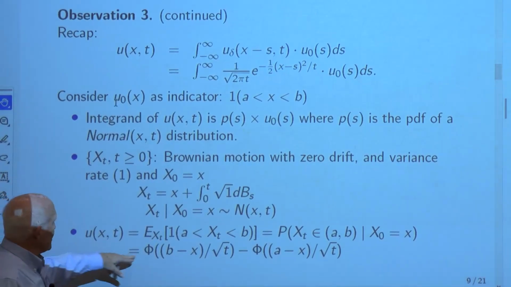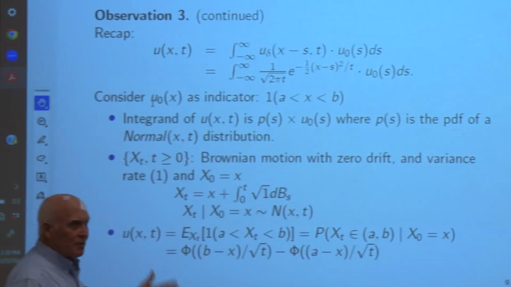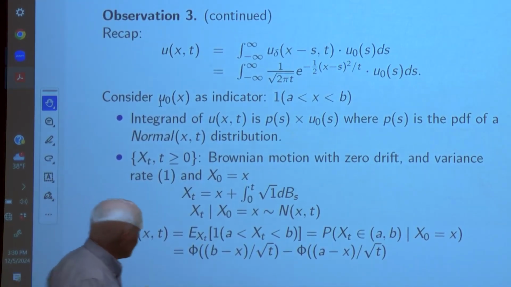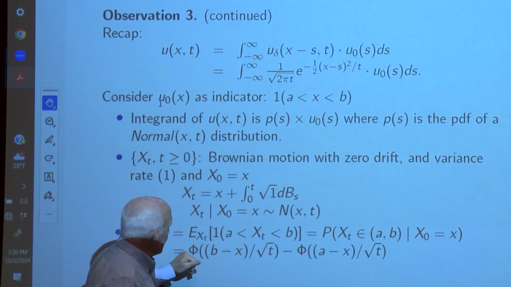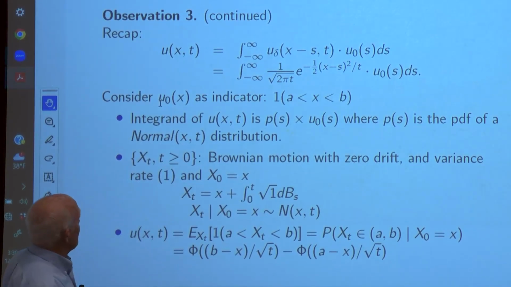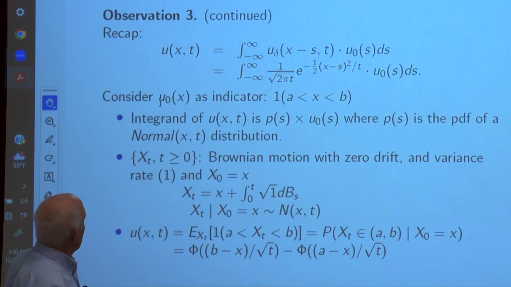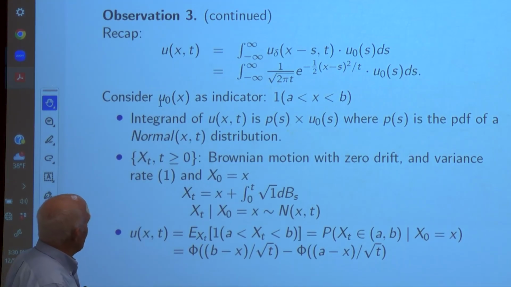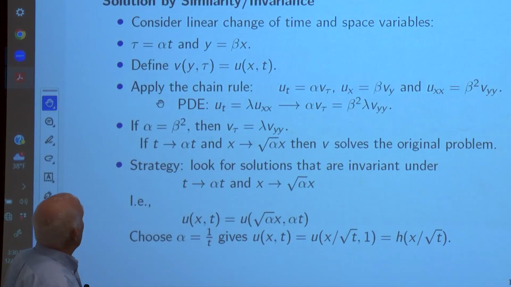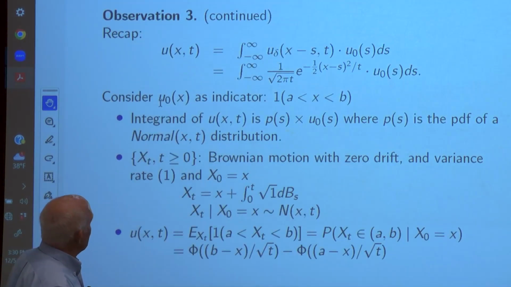So this u of xt, which is the difference of two functions of Gaussian densities, integrals of them, is a solution to this problem. So now, in the next slide, okay, so that's that solution.